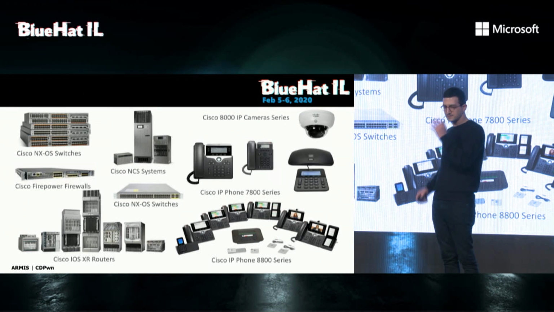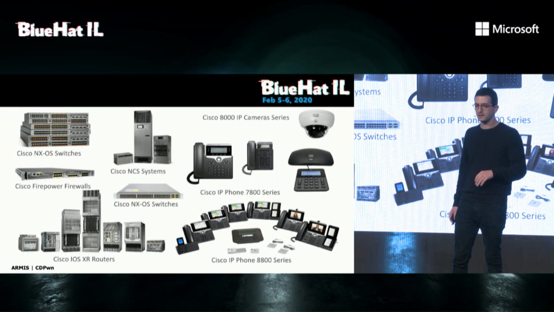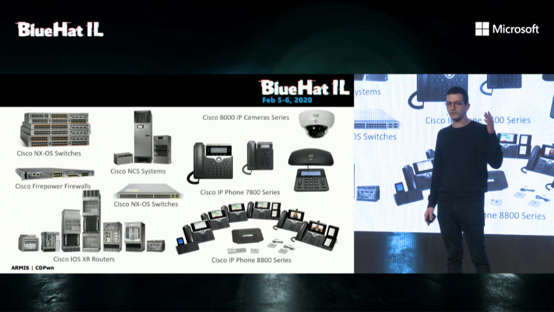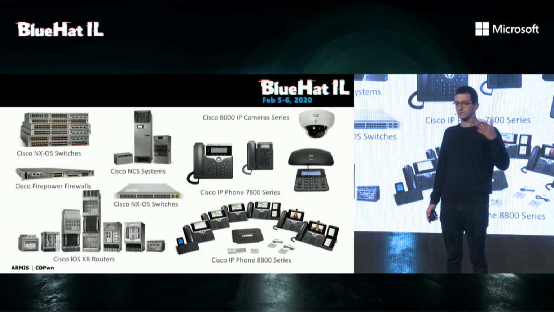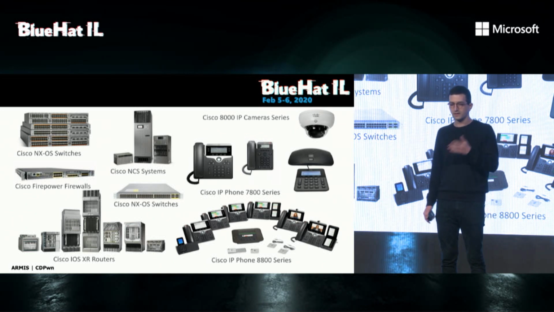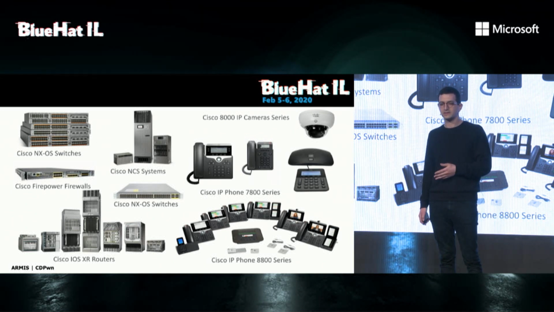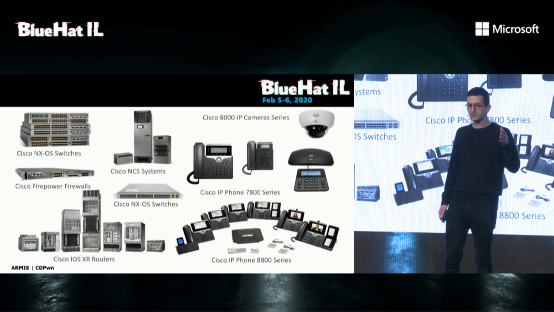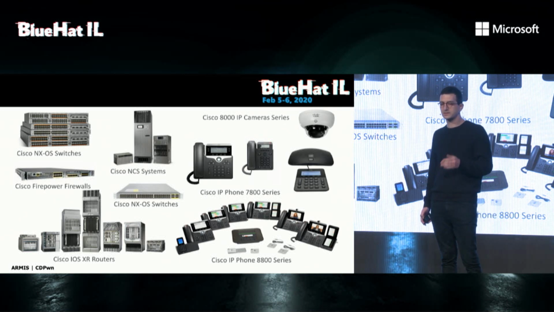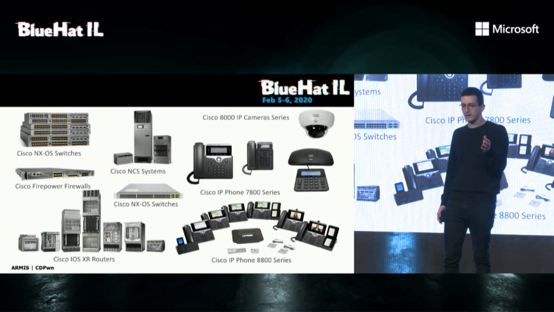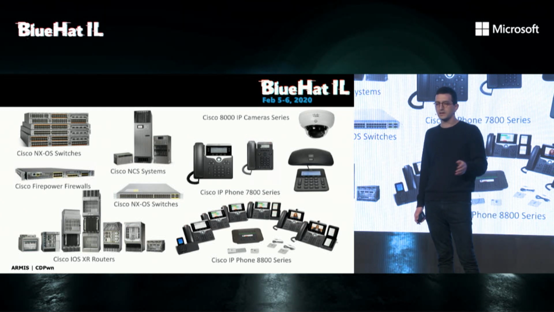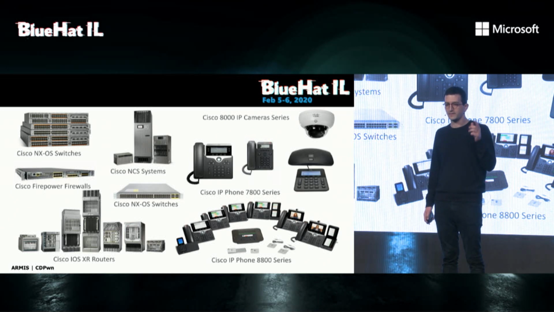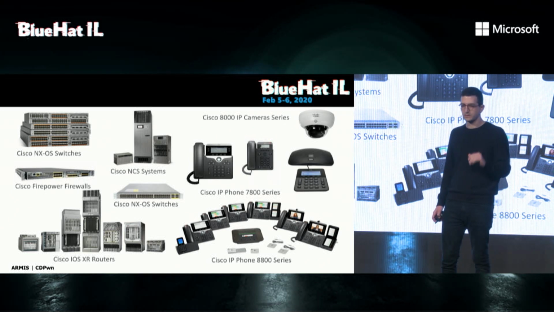It's this huge group of devices, from Nexus switches, which are the newest Cisco switches in the market, and Cisco IOS XR routers, certain Firepower firewalls from Cisco, the entire range of current Cisco IP phones, and a certain series of IP cameras from Cisco as well.